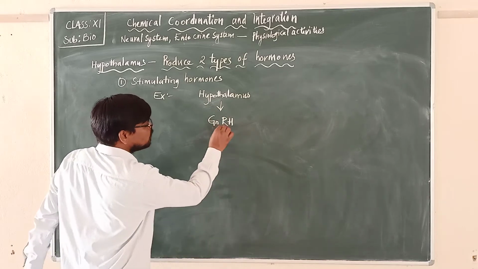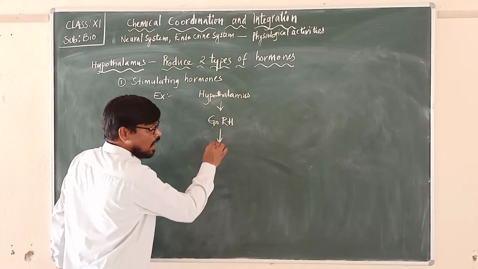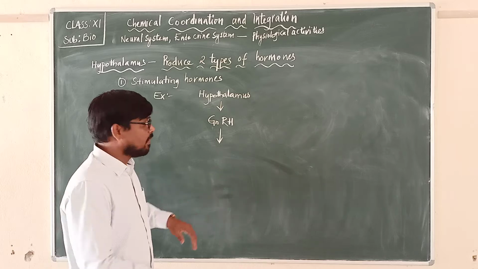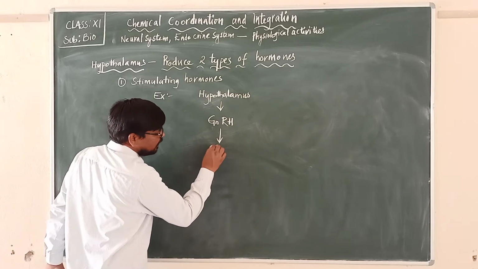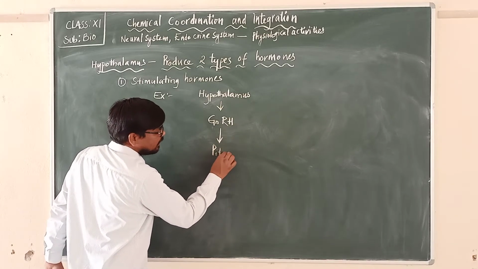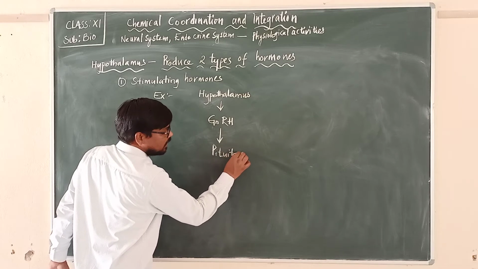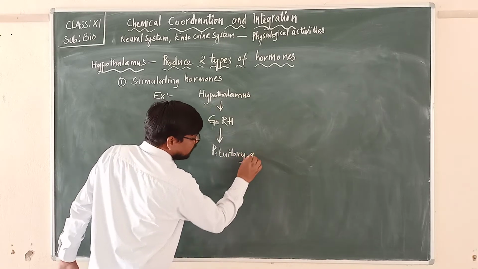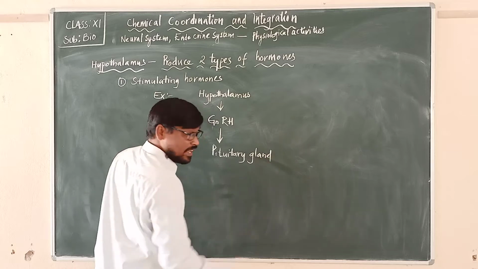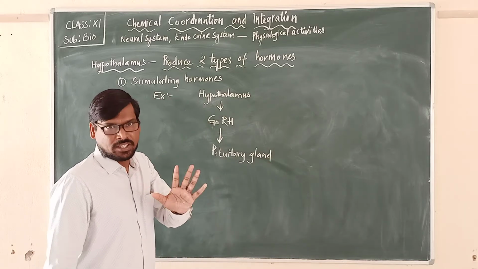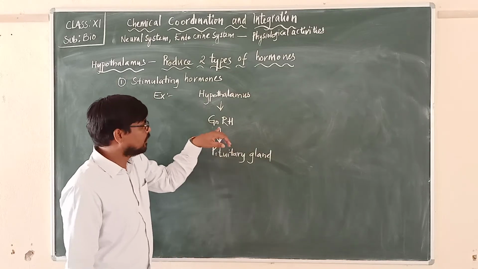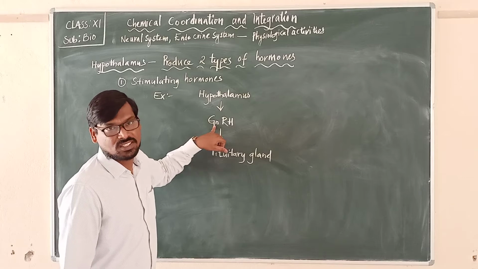This gonadotropin releasing hormone now enters the bloodstream and reaches the pituitary gland. Now the pituitary gland is stimulated, activated with gonadotropin releasing hormone.